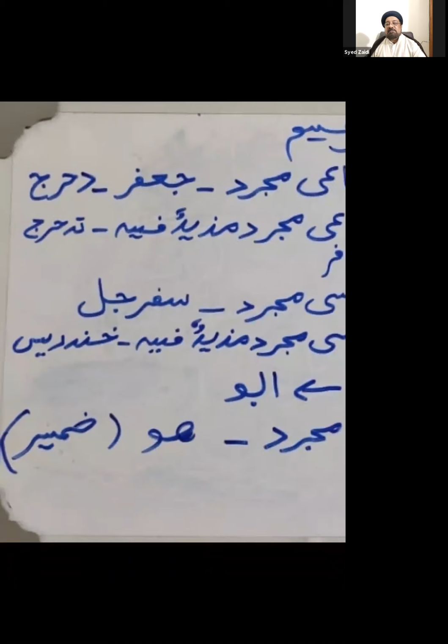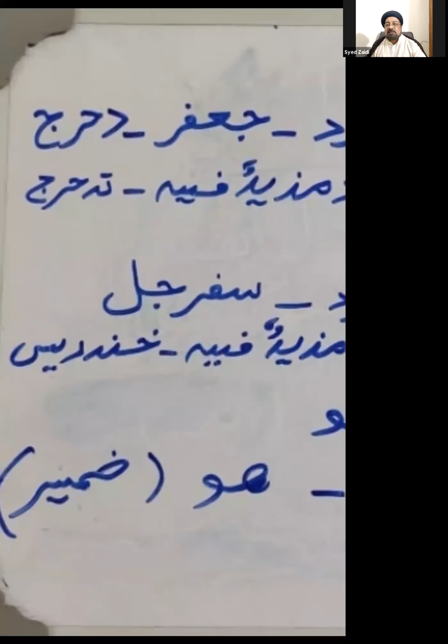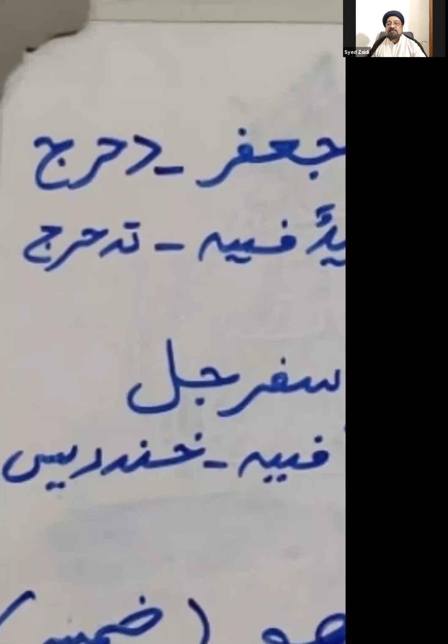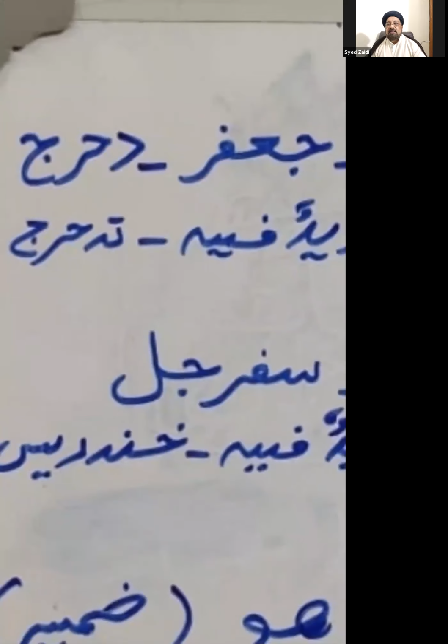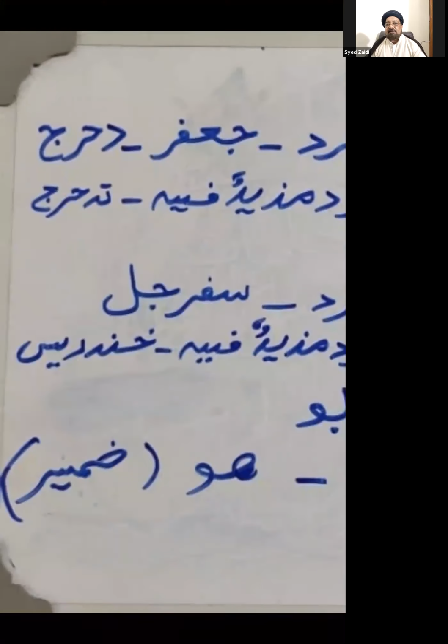The two examples are Ja'far, like the name Ja'far. As you can see, there are four letters: Jim, Ain, Fa, and Ra. All of these letters put together make Ja'far, which is a four-letter word and also a root word.